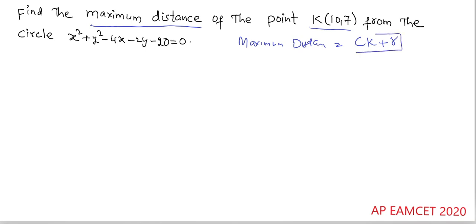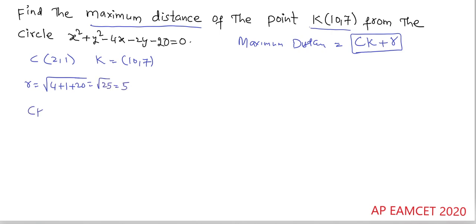This is the formula for maximum distance. So here the center of the circle C is (2, 1) and the given point K is (10, 7), and the radius of the circle r is equal to under root of g square plus f square minus c, that is 4 plus 1 plus 20, that is equal to root 25, that is equal to 5.